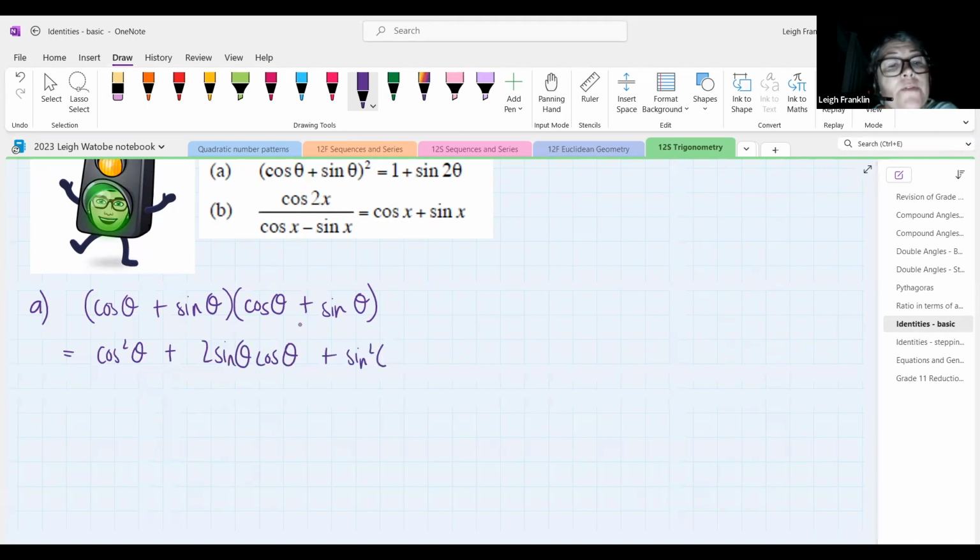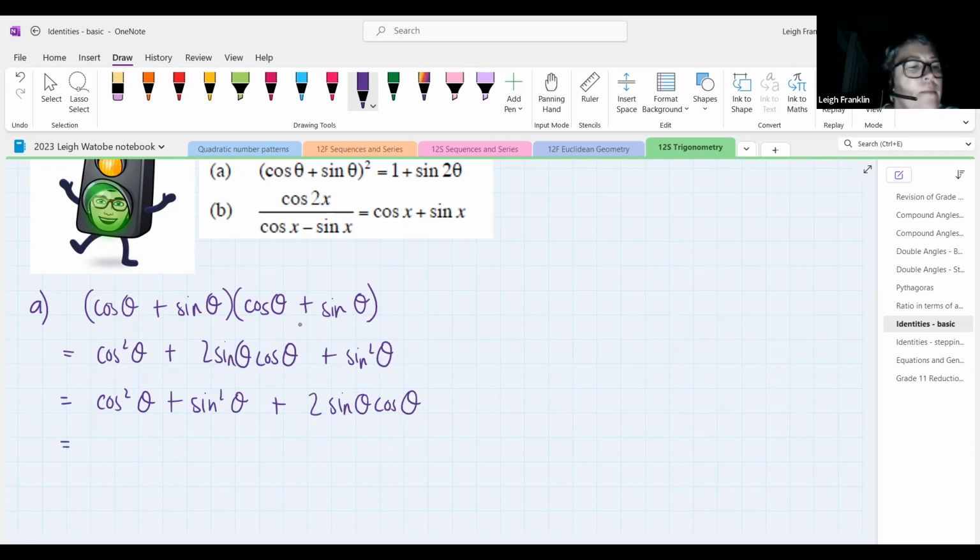And then what did you do after that? After that, I wrote cos squared theta, and then I took the last, plus sine squared theta, and put it at the end, and then I wrote plus 2 sine theta cos theta. Lovely.